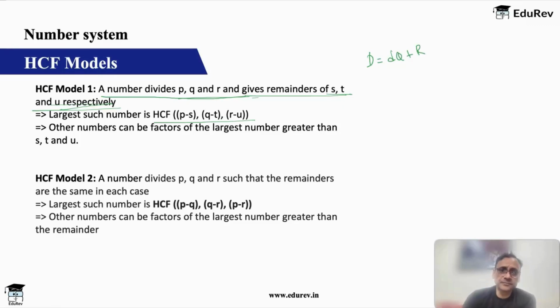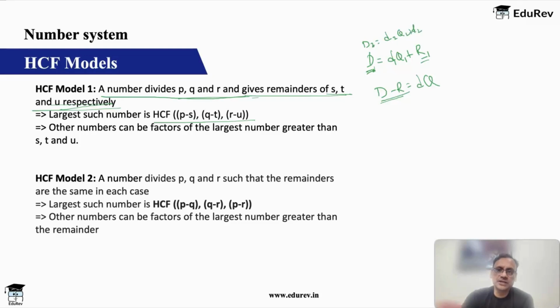So if a given number divides P, Q and R, if I know the dividend and the remainder, and I do dividend minus remainder, that will always be fully divisible. Similarly, I get three such numbers. So let's say I have D1 equals D into Q1 plus R1, D2 equals D into Q2 plus R2.